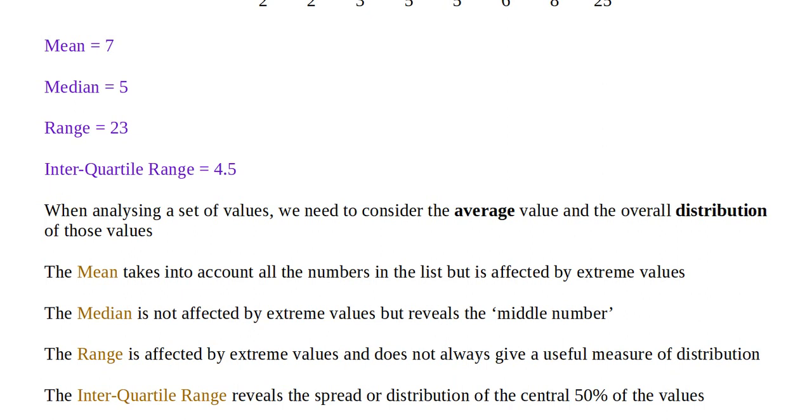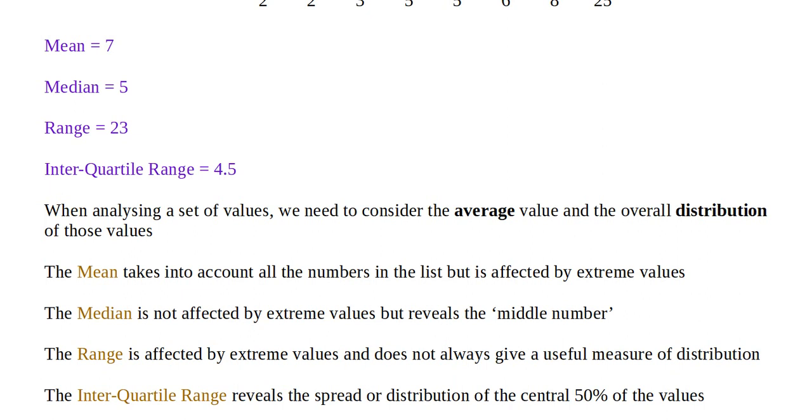So there are different ways of doing this. Now, one way is in terms of average, we use either the mean or the median. And the mean can be a very good average. It takes into account all of the numbers on the list. But if one of those numbers is extreme, like really, really high, it tends to skew or to affect the mean.